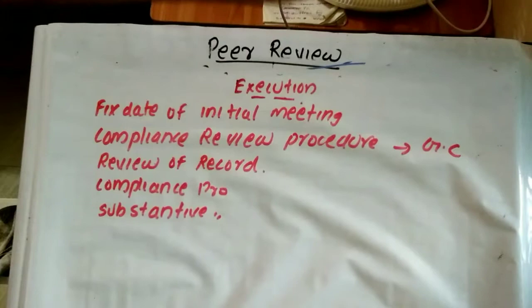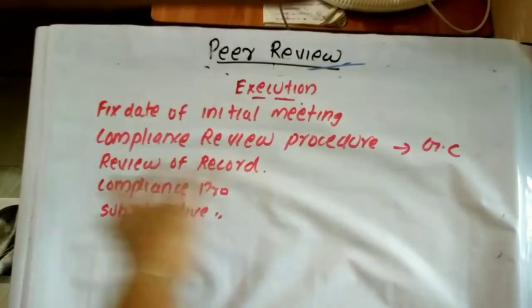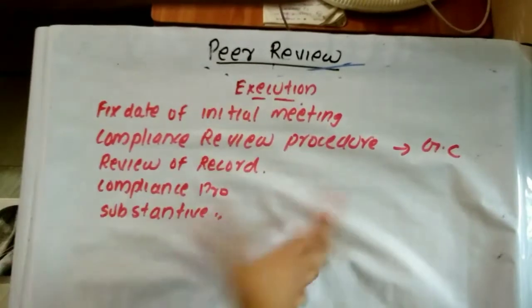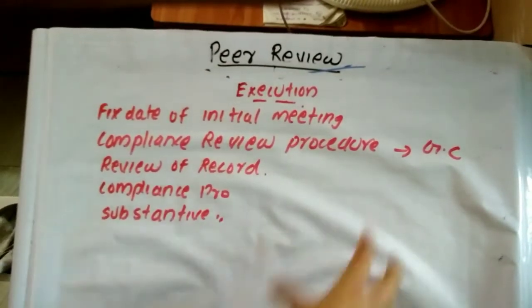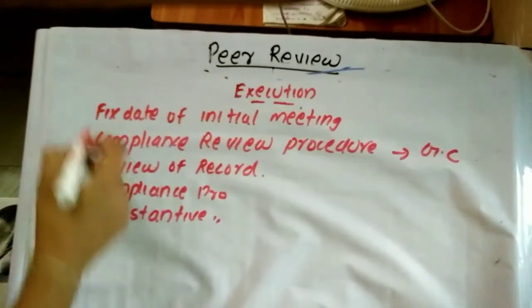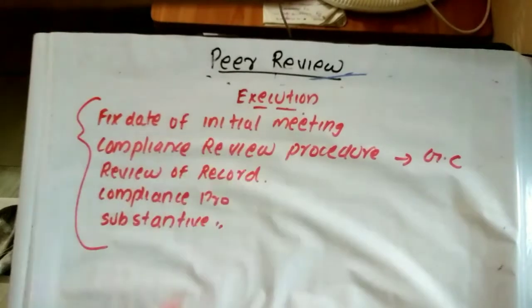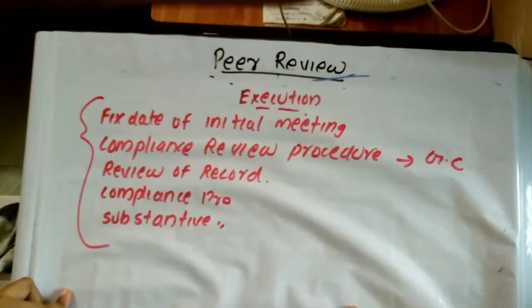Okay. So this is the second stage, execution. First of all, in the planning stage the reviewer is selected for the purpose of conducting review of the practicing unit. Then in the second stage, the reviewer shall perform these aspects during the execution stage of peer review.